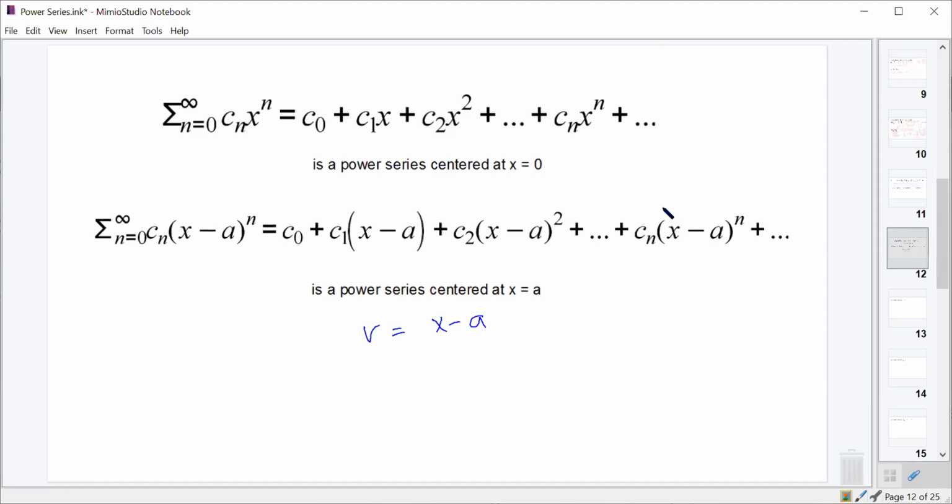And so since a power series is just a geometric series, it should converge when the absolute value of r, or the absolute value of x minus a, is less than 1. That could be rewritten as x minus a is less than 1, greater than -1. And we would then see that the interval of convergence was a minus 1 to a plus 1. And so that's how we would know that if we put a 1 in here, we'd have it centered between 0 and 2. Is that good? Okay.